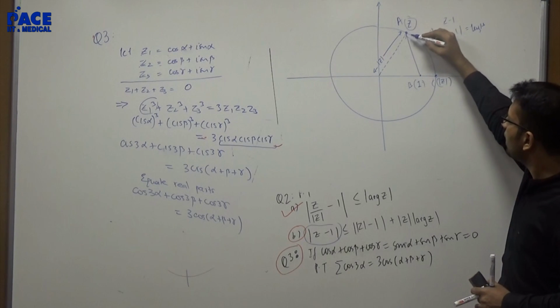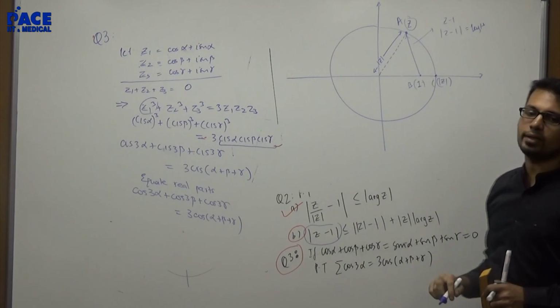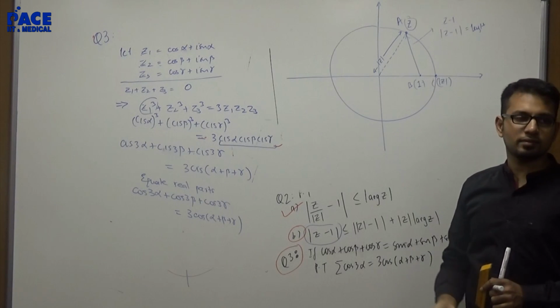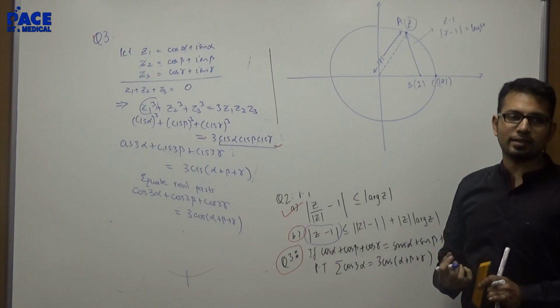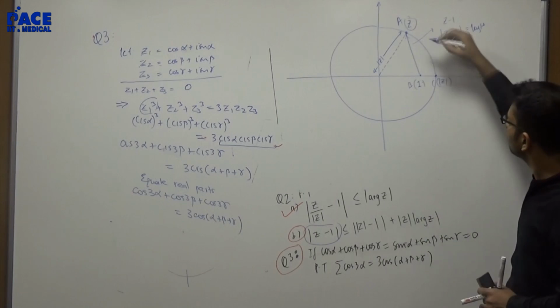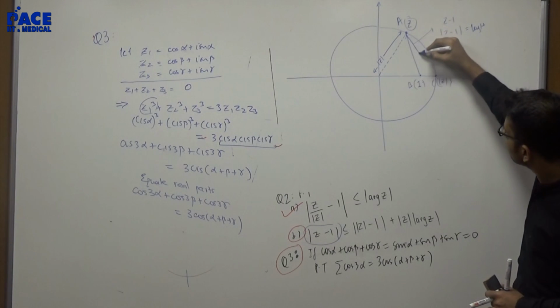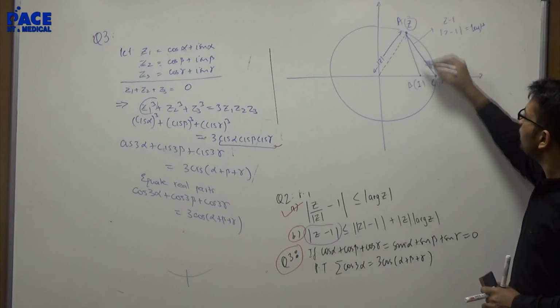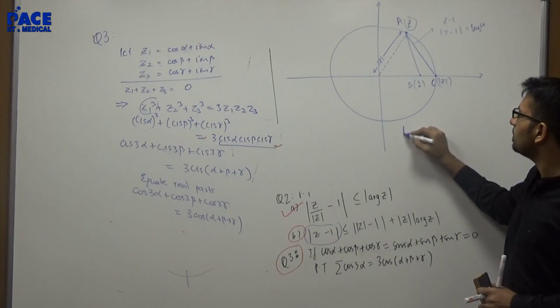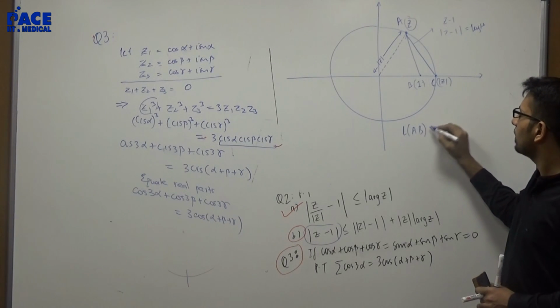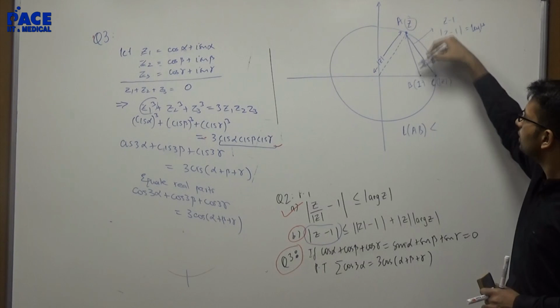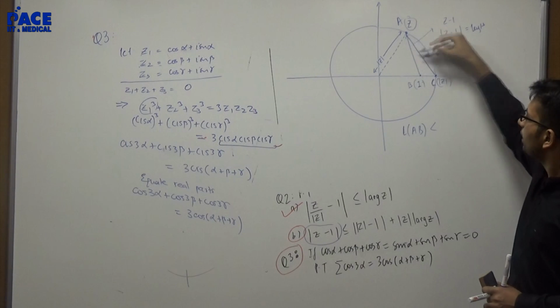Now I'm going to use the triangle inequality, which is what? Sum of two sides is greater than the third side. So I can simply apply: length AB is less than AC plus BC.